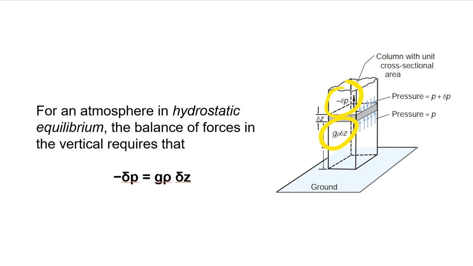There should be a balance of forces in the vertical. So the net upward force acting on a thin horizontal slab of air due to the decrease in atmospheric pressure with height is generally very closely in balance with the downward force due to gravitational attraction that acts on the slab.